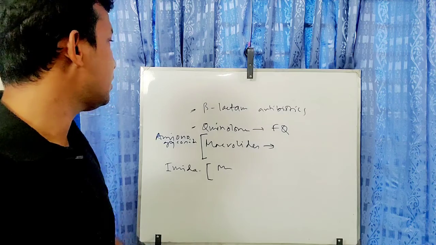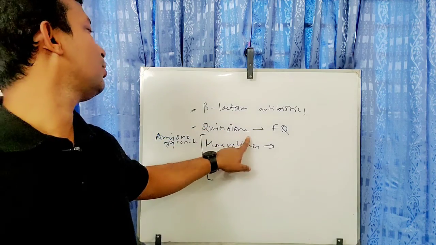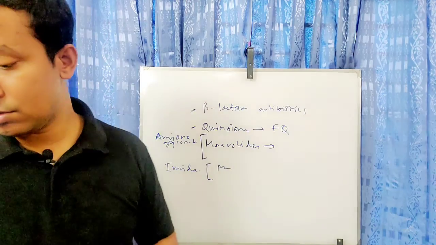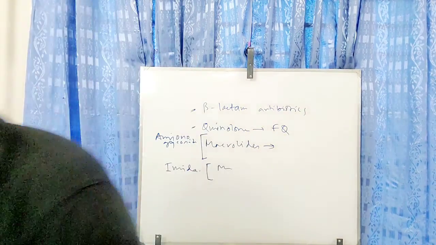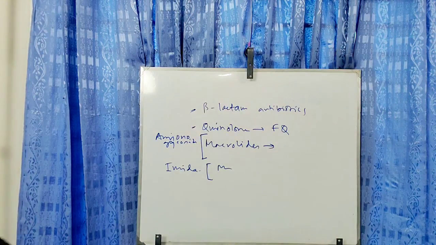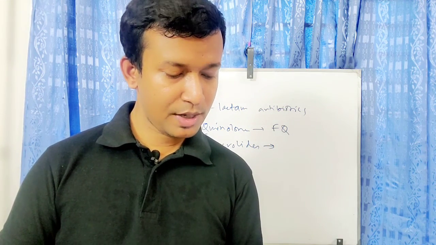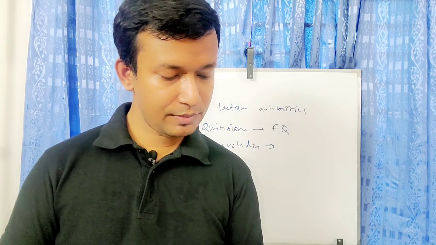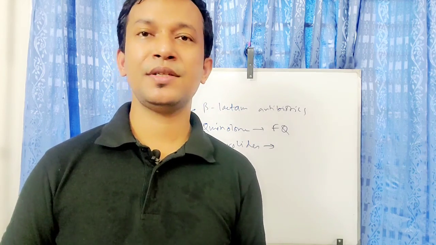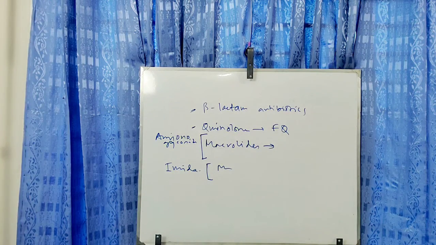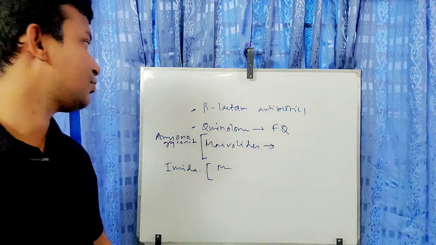So basically beta-lactam, quinolone, aminoglycoside or macrolides, imidazole, and many other classes like tetracyclines, polypeptides, nitrofuran derivatives. These are basically the chemical classes. Based on that we can classify them in various ways.